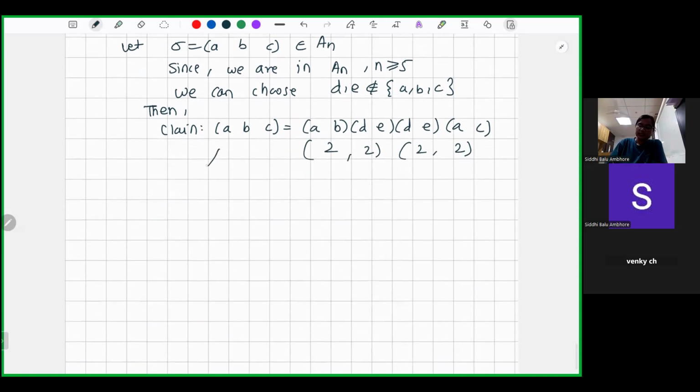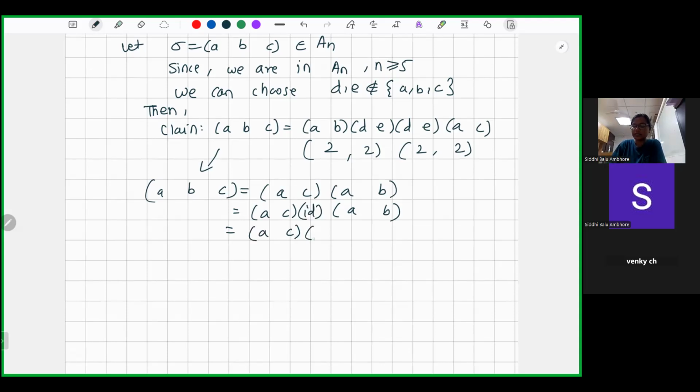This is quite easy, because what is this (A B C)? This is (A C)(A B). And since we are talking about transpositions, I can insert the identity, written as (D E)(D E), here.